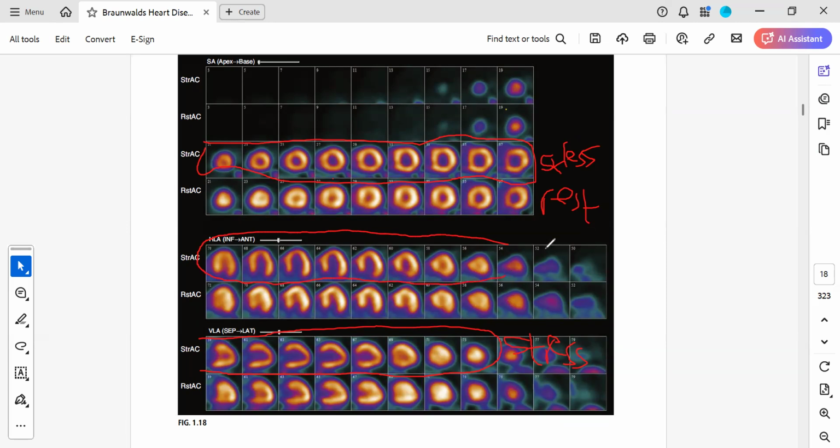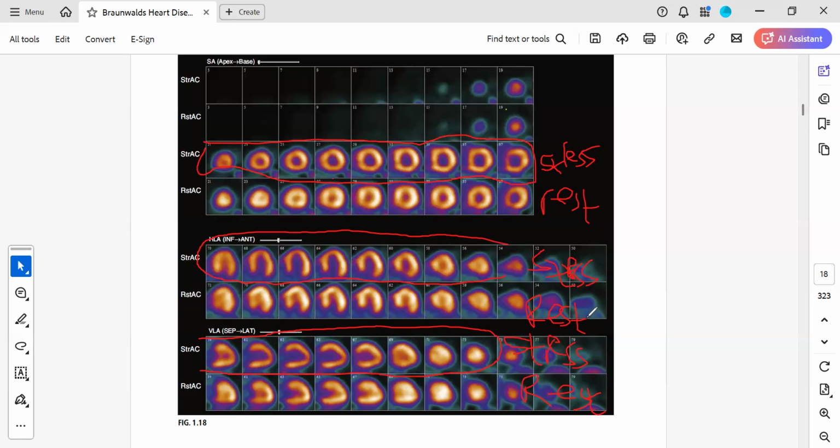Now, the issue is that when the cavity is larger at stress but remains normal at rest, this means that the blood supply or perfusion to the myocardium at that particular area is occluded or not well perfused, causing a regional dyskinesia, or what I can call an enlargement of the cavity at that particular place.